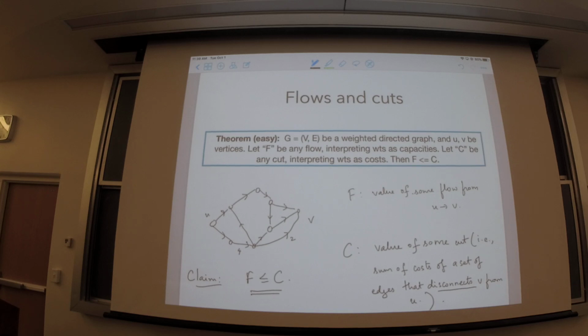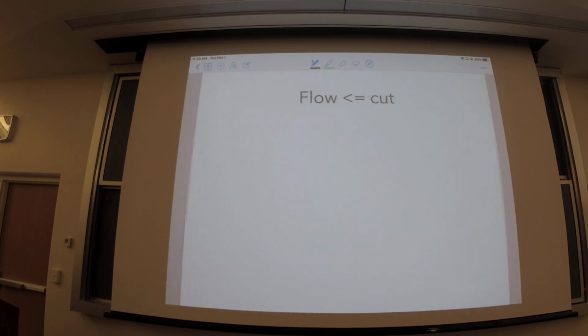Now, a flow is just a collection of edge-disjoint paths. So think of all edge weights as 1. At least in this example, what is a flow?